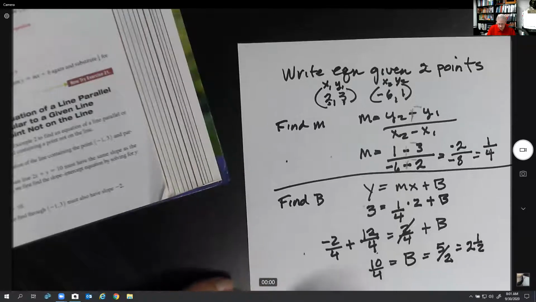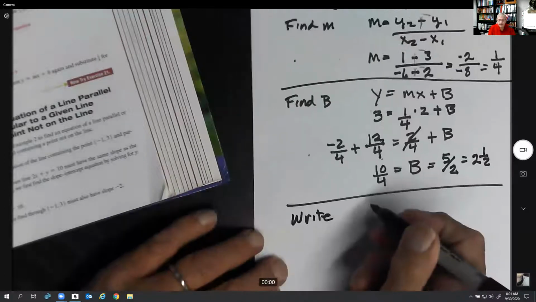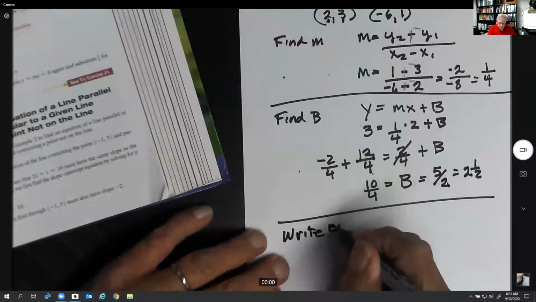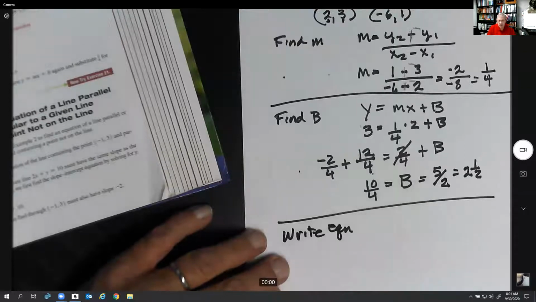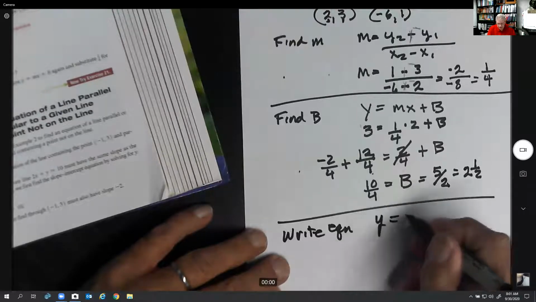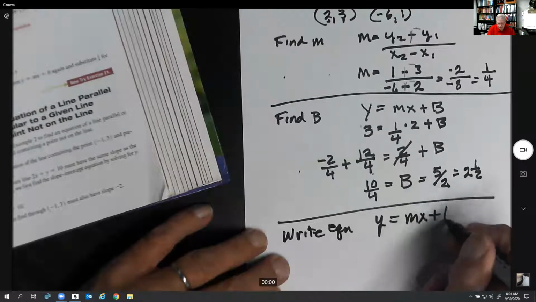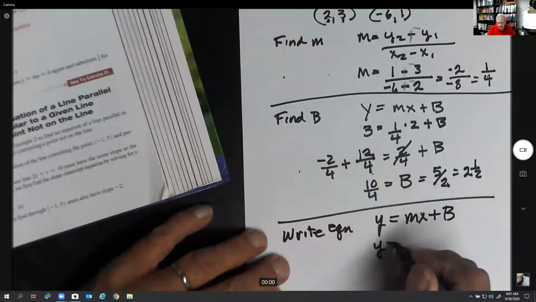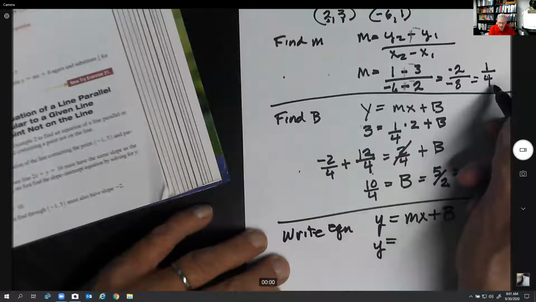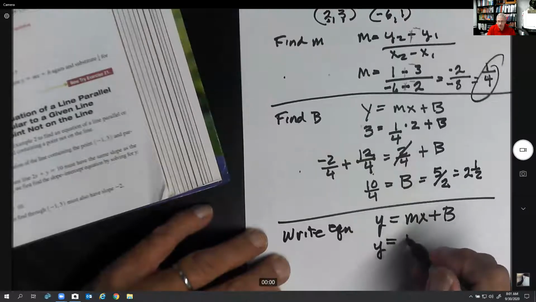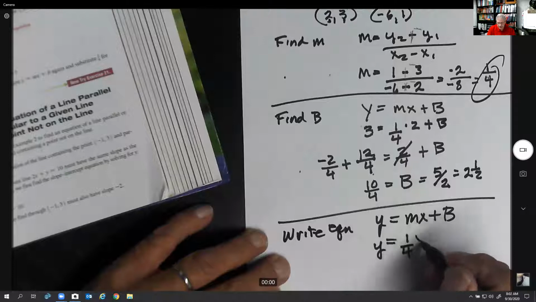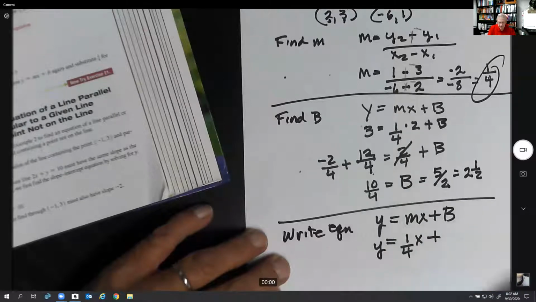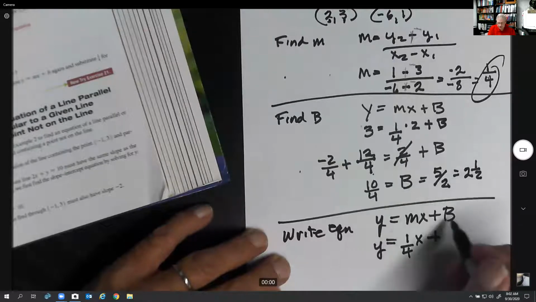So now, step 3, write the equation. I'm going to start out with my y equals mx plus b, but remember I want it more general. So y is now equal to my slope, 1/4 x, plus my y-intercept. I can use any one of these, but I'm going to use the 5/2.